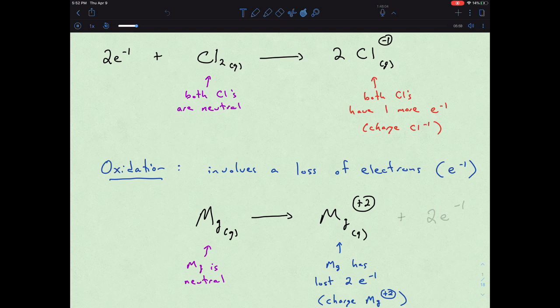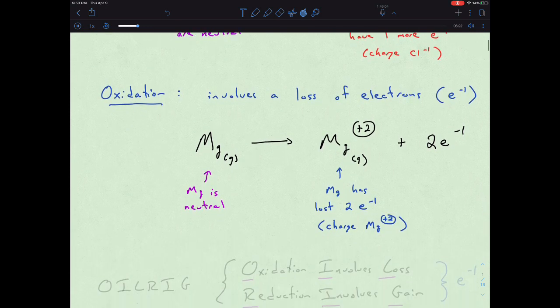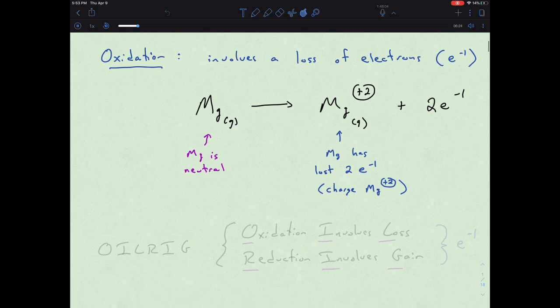So if it's losing electrons, that means those would be on the actual product side. Those electrons came off of the magnesium, thus producing magnesium +2, as well as those 2 actual electrons. So that's the introduction of redox chemistry: reduction, gain of electrons; oxidation, loss of electrons.